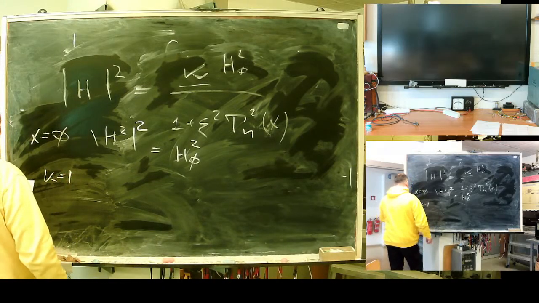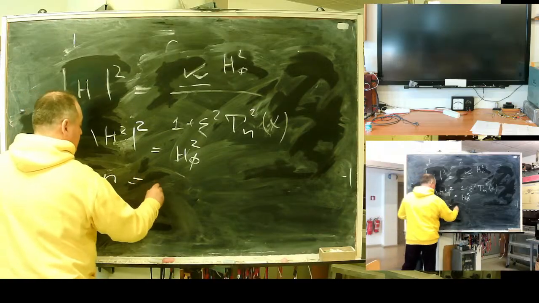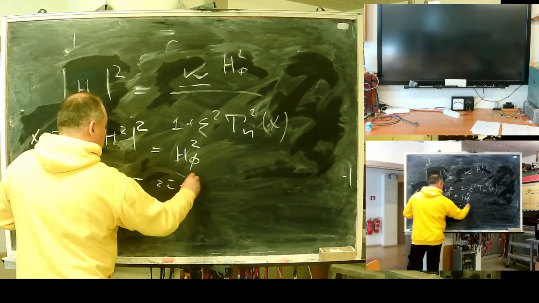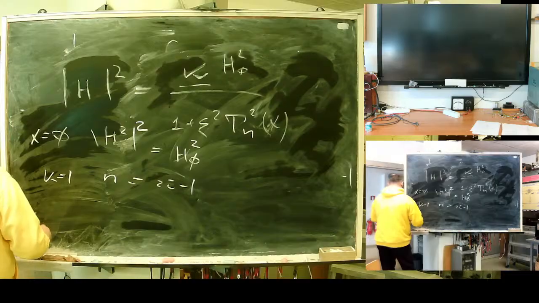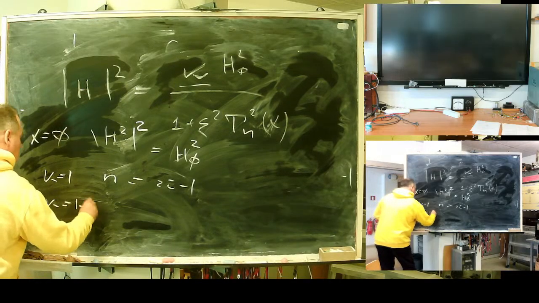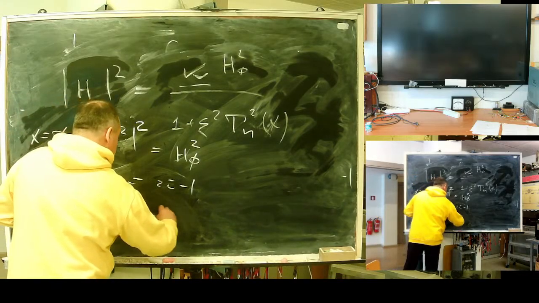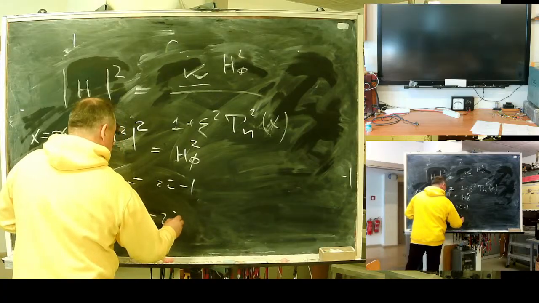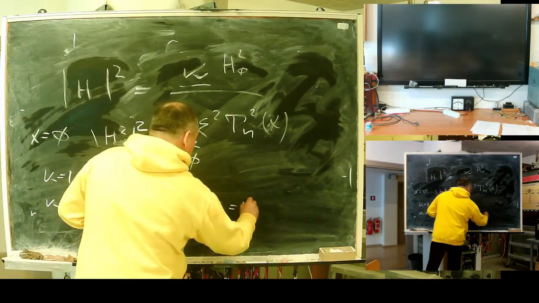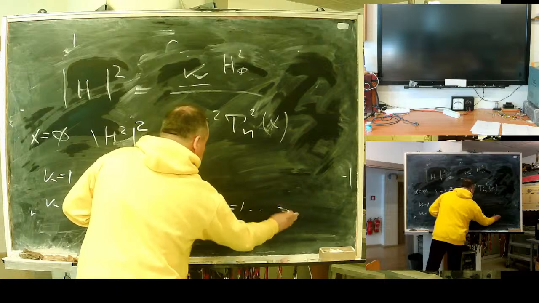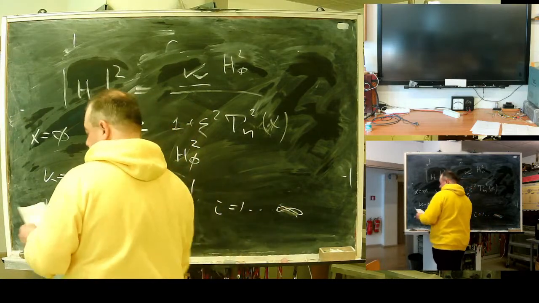You will see K equals 1 for odd n, and 1 divided by 1 plus epsilon squared for even n, n being 2i minus 1 or 2i, for i from 1 theoretically to infinity.